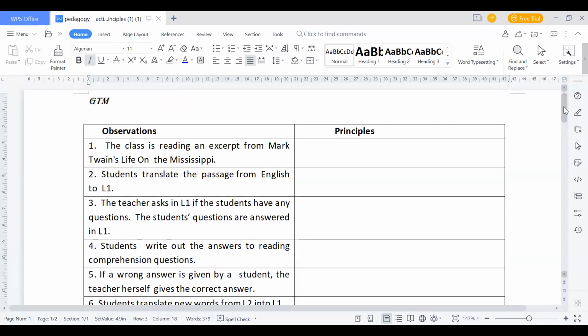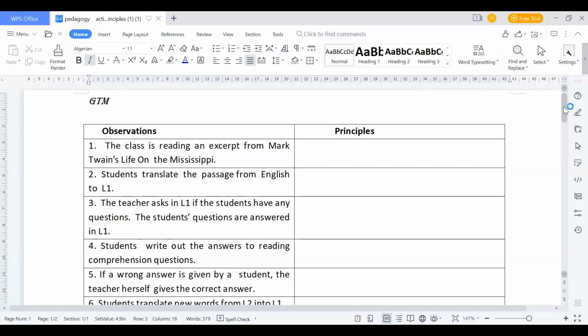I will give you an example. The first one: the class is reading an excerpt from Mark Twain's Life on the Mississippi. Can you tell me why this happens in the GTM class?